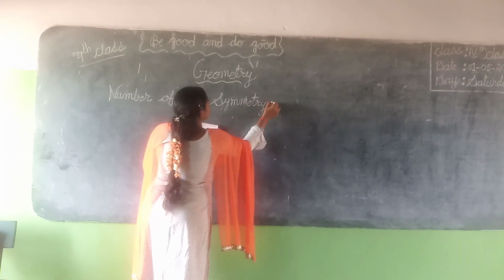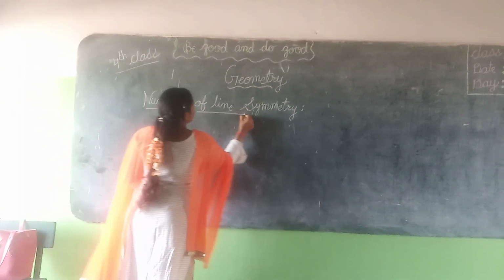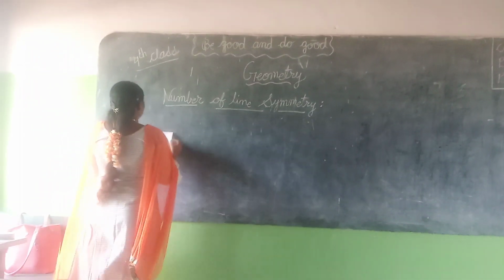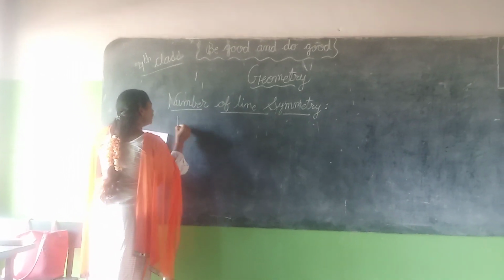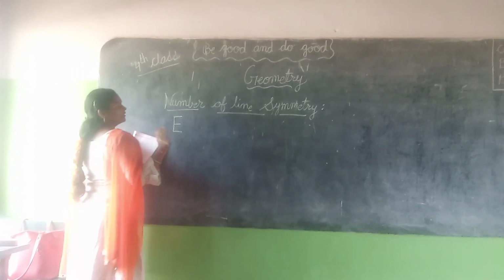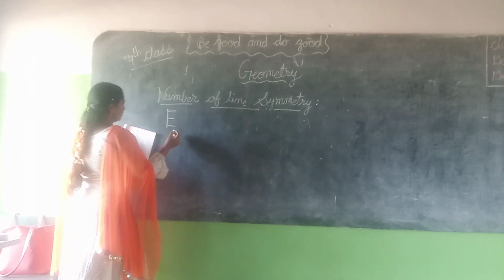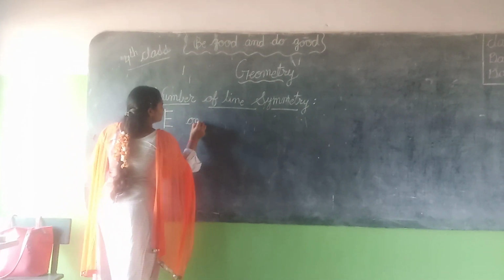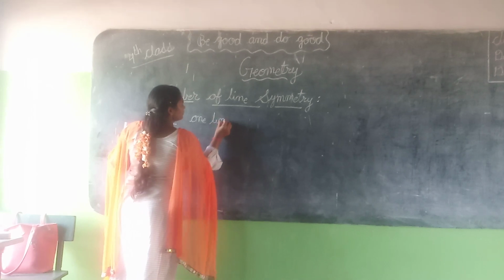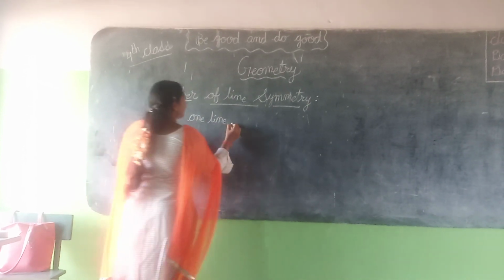Find out. We write only E. This E has one line of symmetry.